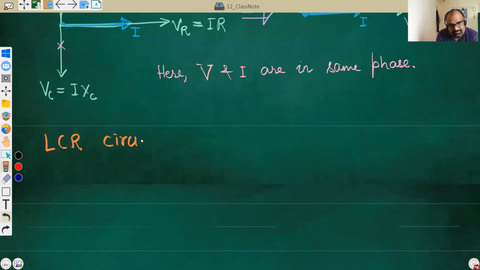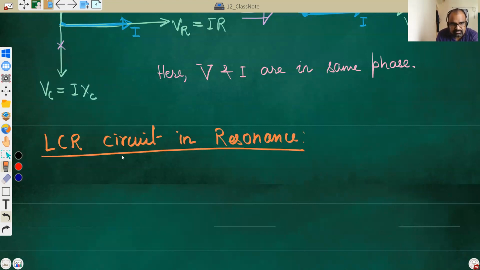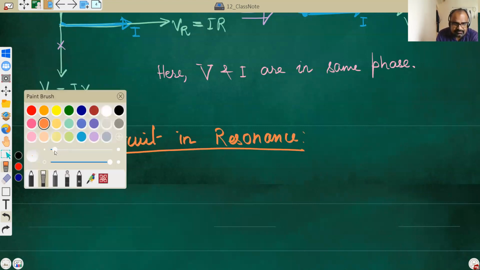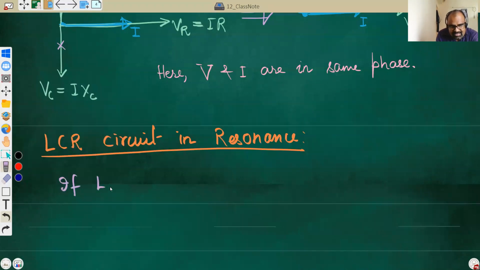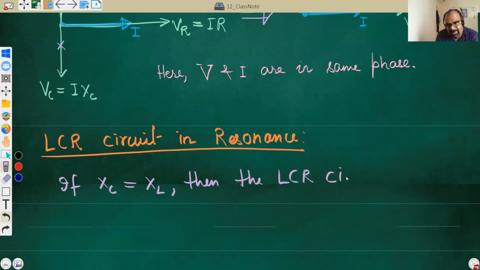LCR circuit in resonance. You know that if XC equal to XL, then the LCR circuit is said to be in resonance.